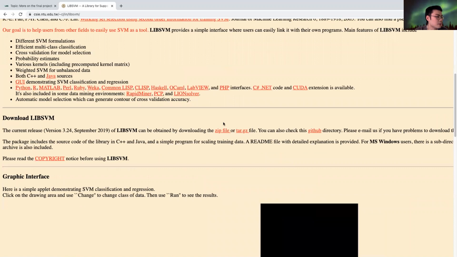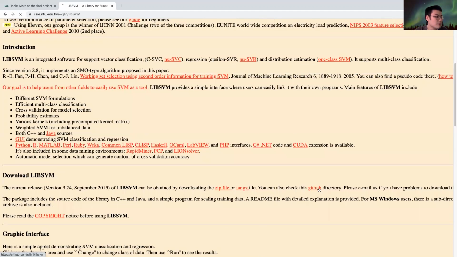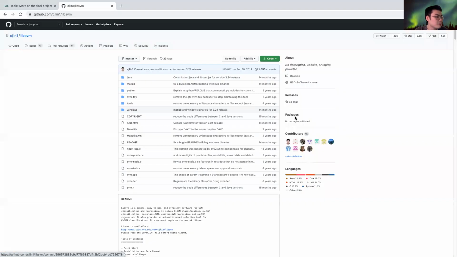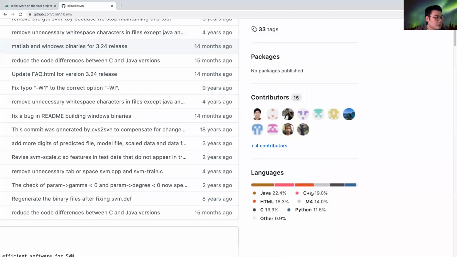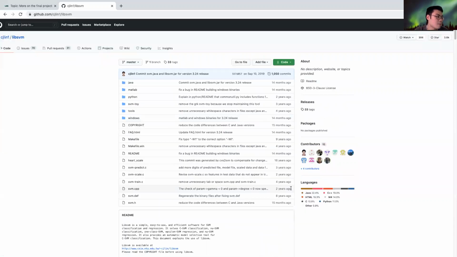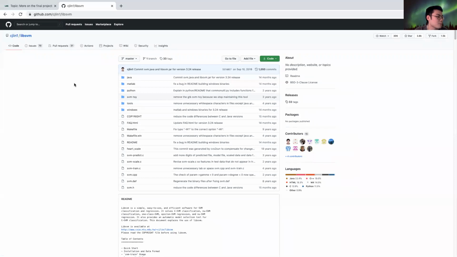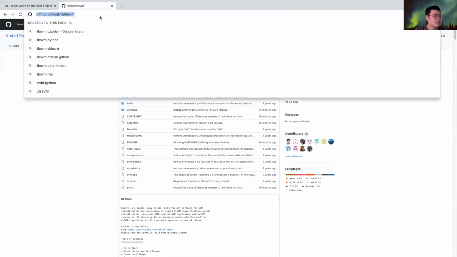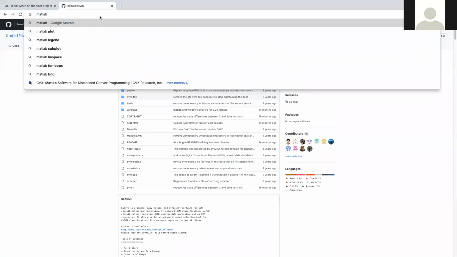Yes, we can look at the GitHub. It's C or C++, so obviously it's larger than the Python support. I'm surprised they have Java support; maybe they have another version for Java. This is the work from National Taiwan University, LIBSVM, and I think it's very famous.